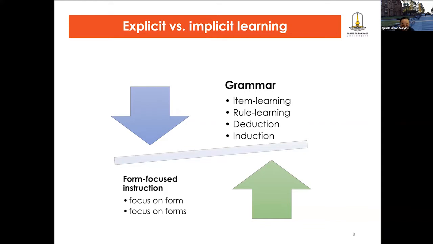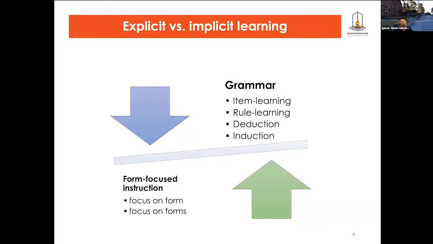And in terms of teaching grammar, a lot of teachers still focus on grammar and particular form-focused instruction. Another important distinction regarding the learning of grammar is item learning and rule learning.